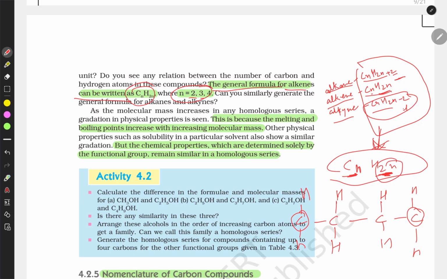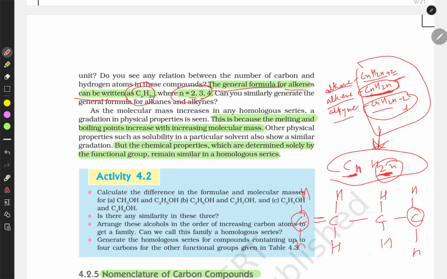In the case of CnH2n only, the number of hydrogen atoms is just twice the number of carbon atoms. Here it is just twice, but carbon is not completing its valency, so there must be a double bond somewhere in between.